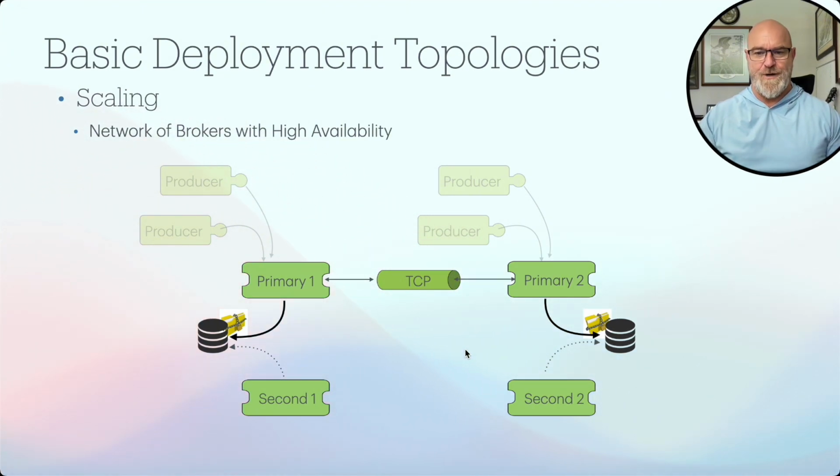So to get a true high availability, you'd actually have to have a primary and a secondary for each grouping of brokers. So in this case, we have a primary one and a secondary one.